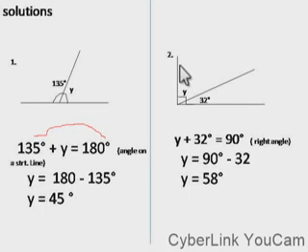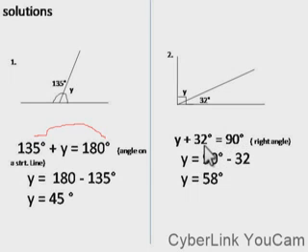Then for this one, what do we call this angle? This is right angle, and right angle is equal to what? 90 degree. So what are the angles we have here? We have angle y and angle 32. Remember that right angle is equal to 90 degree. That means we add everything we see here and say equal to 90 degree. Why did we say equal to 90 degree? Because we are talking about right angle, and right angles are equal to 90 degree. So y plus 32 degree is equal to 90 degree.